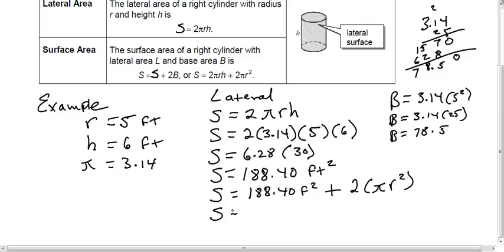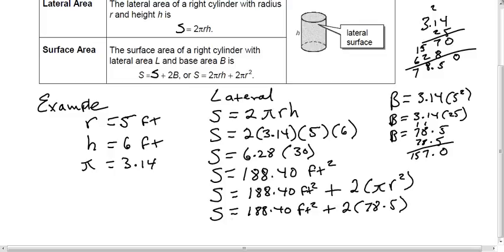So we found the base. Let's bring it down now and say that our total is 188.40 feet squared plus 2 times 78.5, which gives us 157 feet squared. So S is equal to 188.40 feet squared plus 157 feet squared.